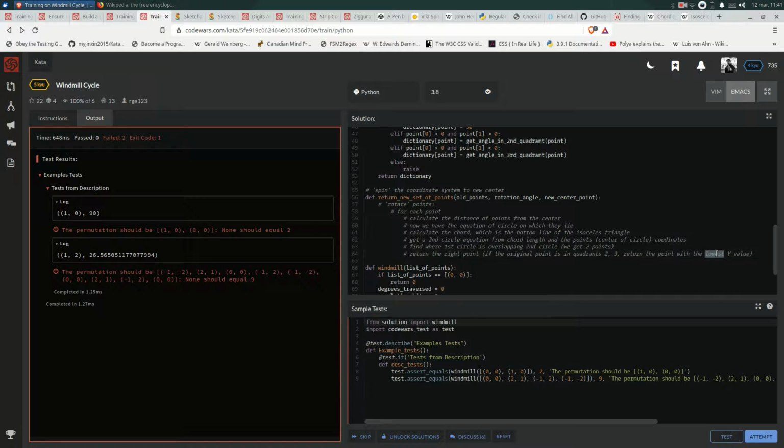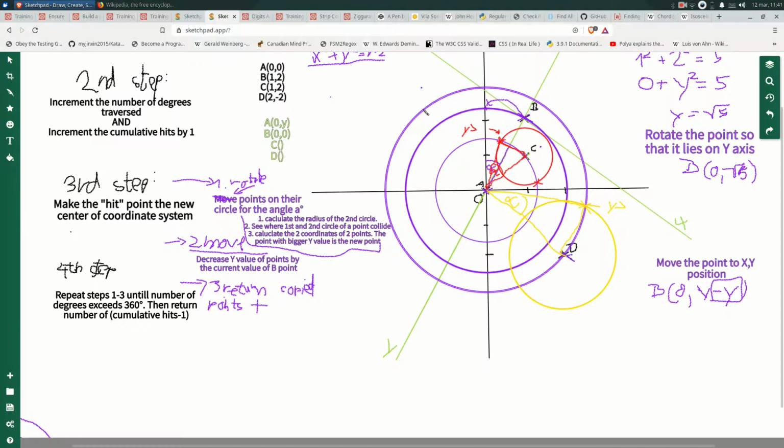With the highest y value, but if it is in the quadrants here or here, that circle.